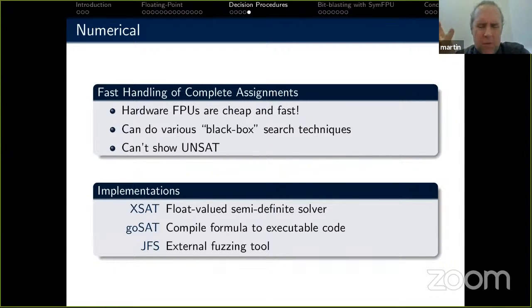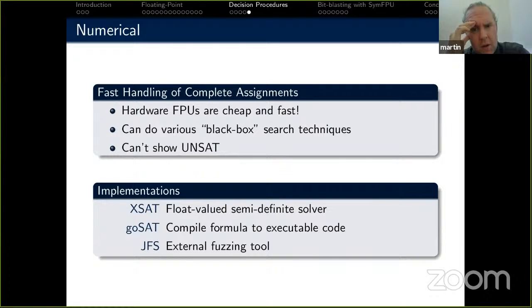In principle, this approach should work really, really well. On some restricted benchmark sets, it does work really well, but every time we've tried to run this sort of thing at scale on larger sets of the SMT-LIB benchmark collection, we've never got particularly good results, even using a number of different tools.